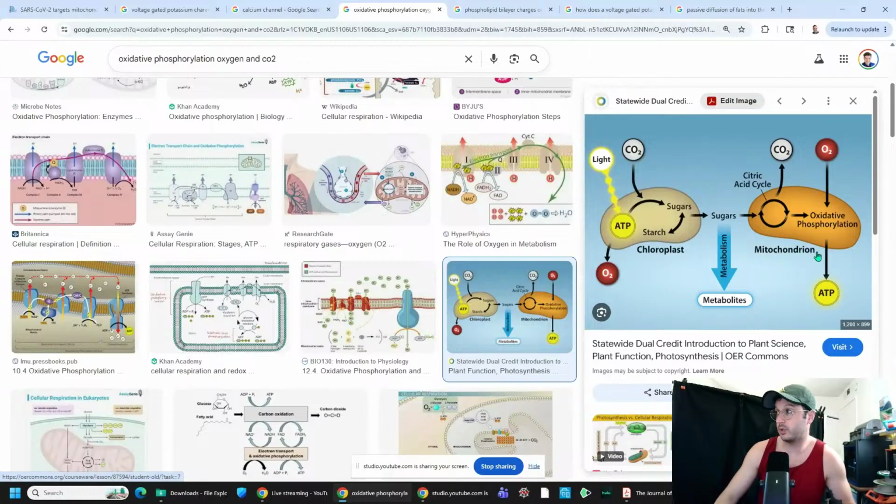So if we have lower levels of oxygen, we're going to have lower levels of ATP produced, because this is the important part in this process to actually produce energy. With vasoconstriction, which narrows the blood vessels, we don't get as much oxygen. So this is going to increase carbon dioxide levels in our blood, which is going to slow this down, and it can actually trigger a secondary process.